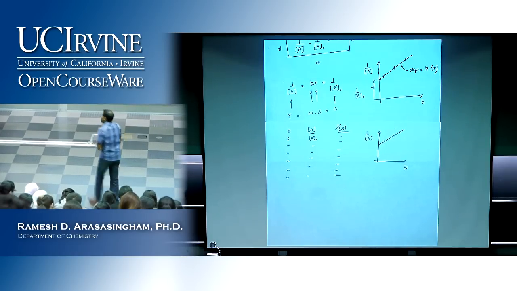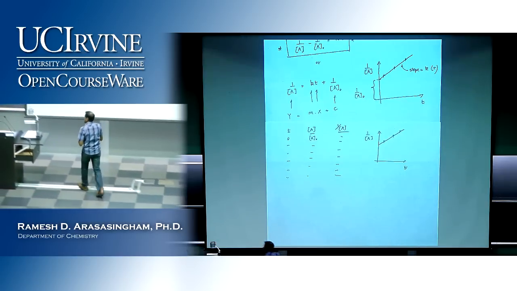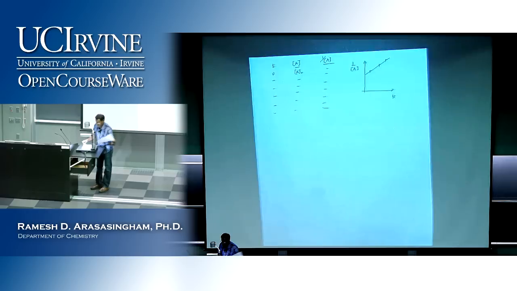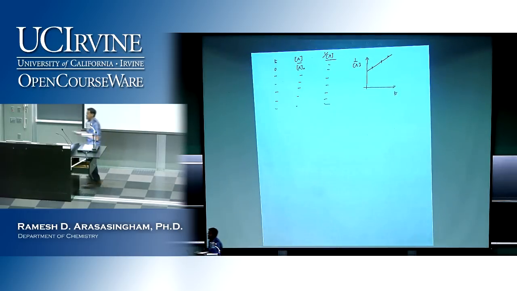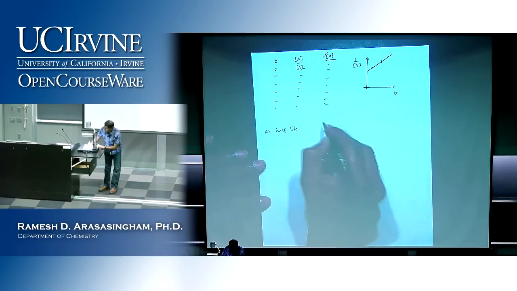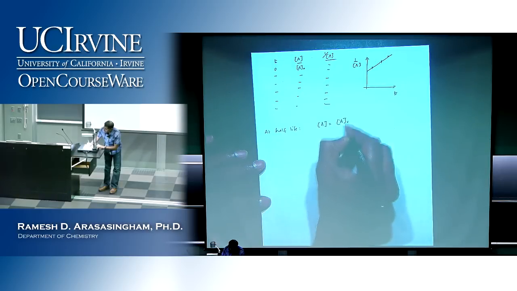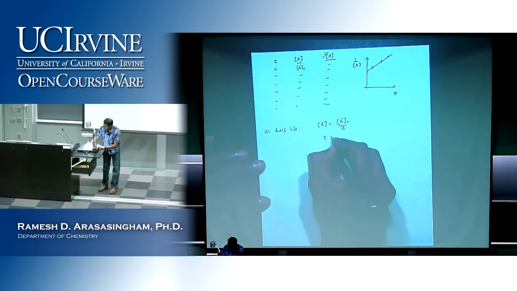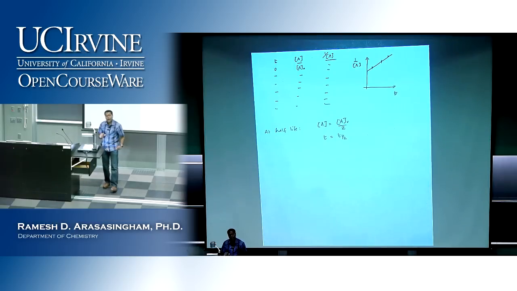Okay? Now, we can do the same thing that we did for the first order, and we can start looking at half-life. So if I take half-life for a second order reaction, we know at half-life, the concentration of A is half of the original concentration we started with, and we know the time is called T half.